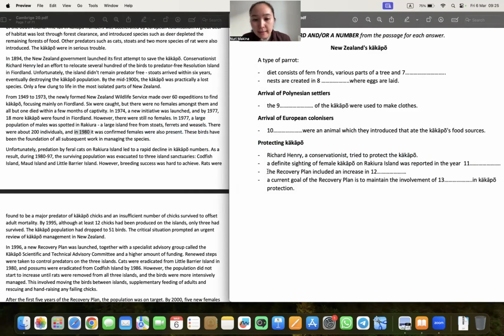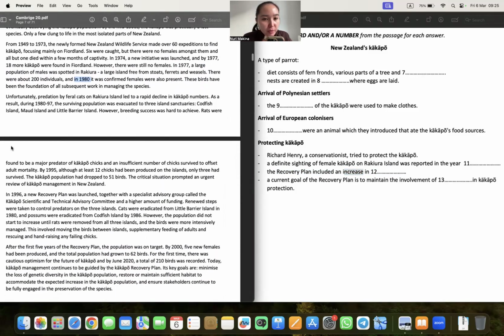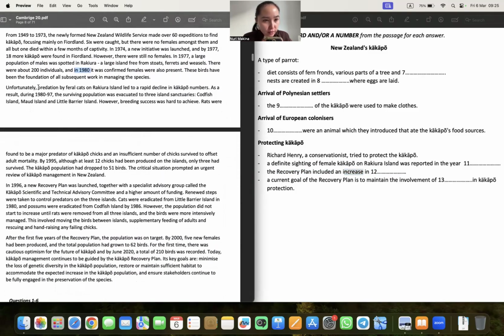So that's all. Next, the recovery plan introduced an increase in blank. So the recovery plan, our keyword here. Included and increase. So basically everything is a keyword here, huh? So our job is to find out the word recovery plan.